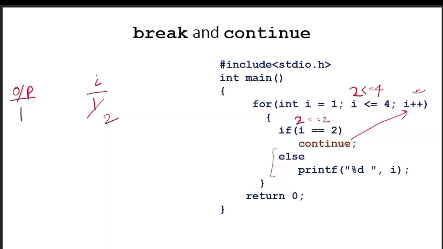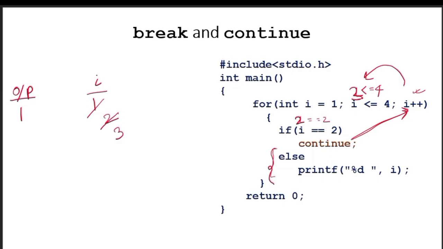The flow control will be directly transferred from here to here, up to the update, and whatever statements were written in the rest of the body of the loop will not be executed. So what will be i plus plus? The i value will be incremented from 2 to 3, and then the loop will continue executing in its normal way.